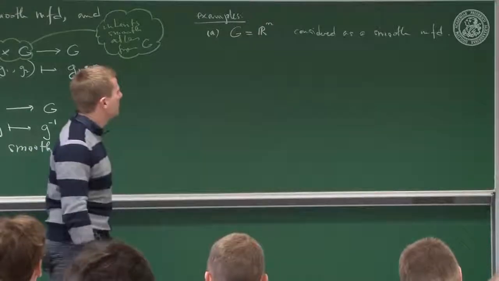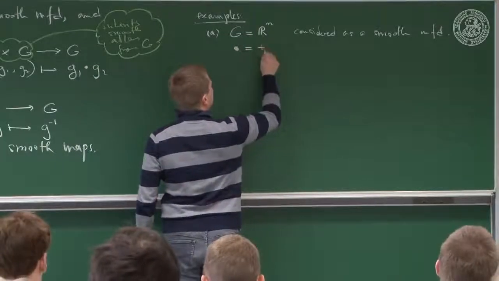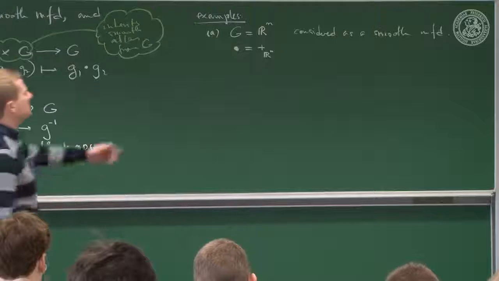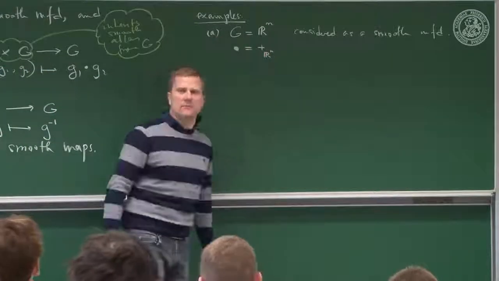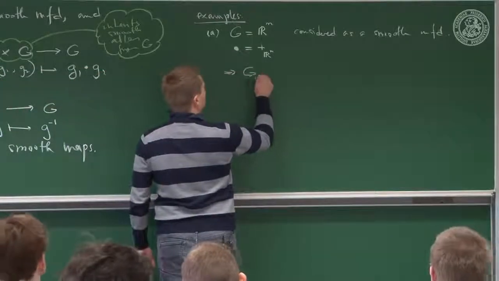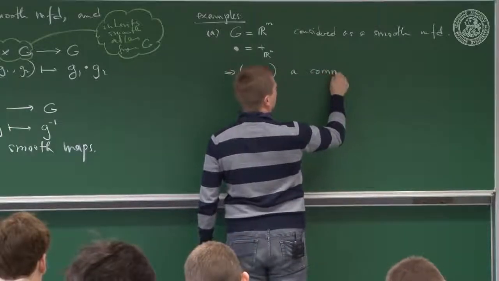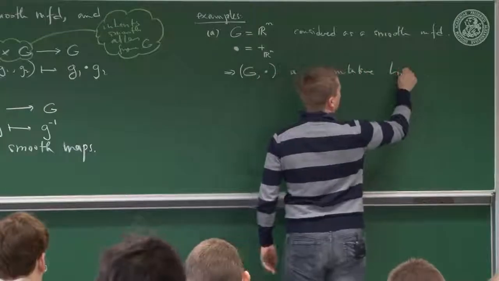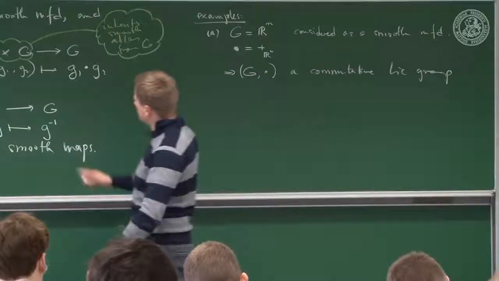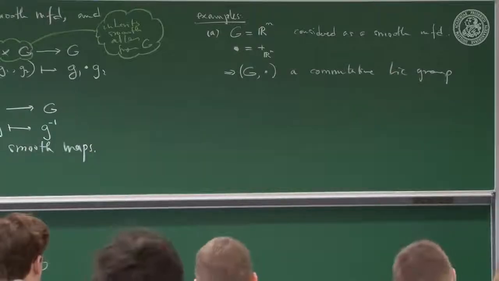And as the blob operation, we simply take the addition on Rn. So you compose two elements in here by simply adding them component-wise. Now, this makes G with the blob a commutative Lie group, because the addition and the inverse, which is of course taking the opposite vector, are smooth.